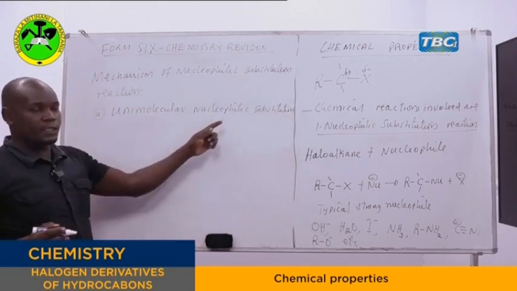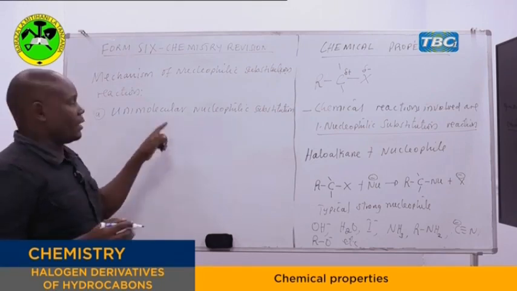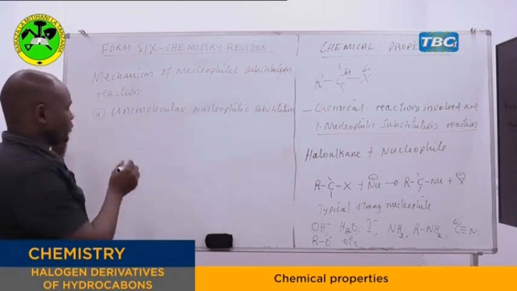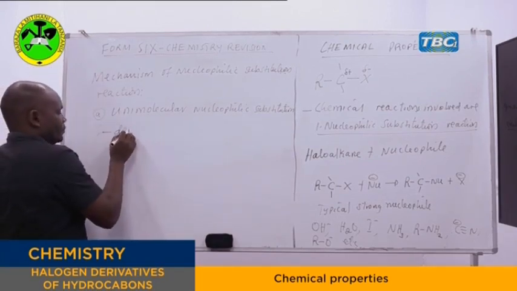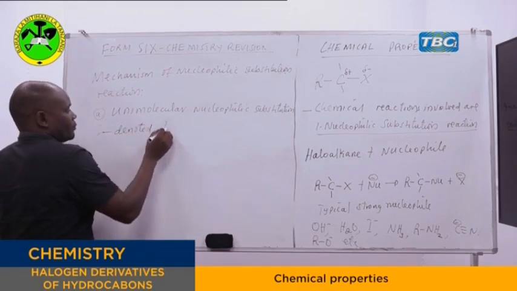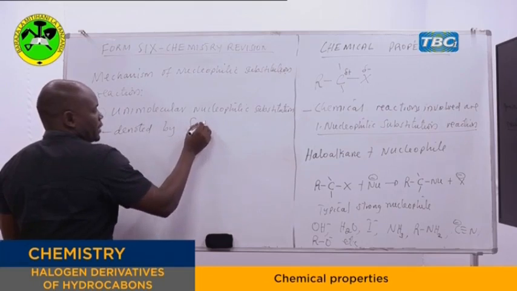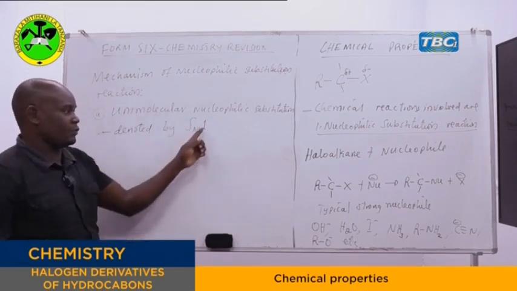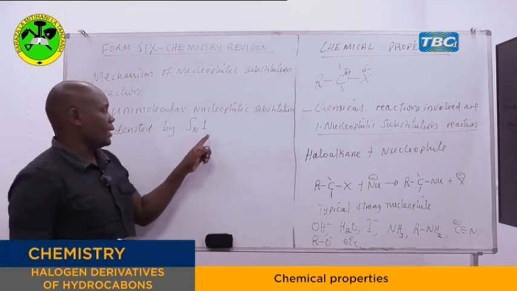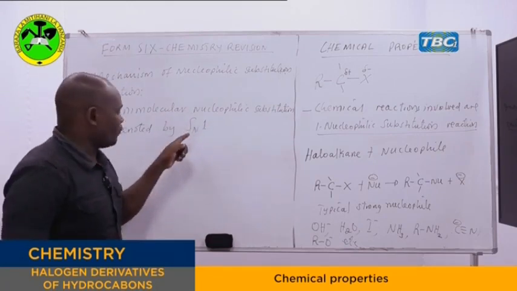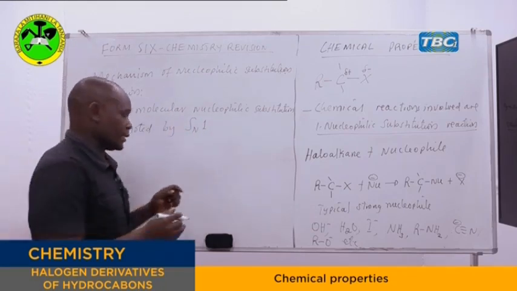The unimolecular nucleophilic substitution reaction is also sometimes called first order nucleophilic substitution reaction, and it is denoted by capital letter S N 1. This stands for first order nucleophilic substitution reaction, and this reaction involves the concentration of only one reactant.